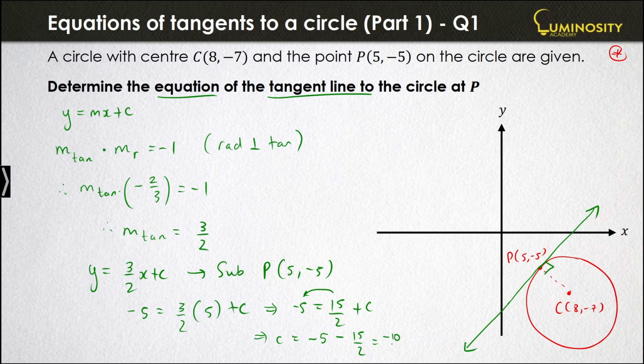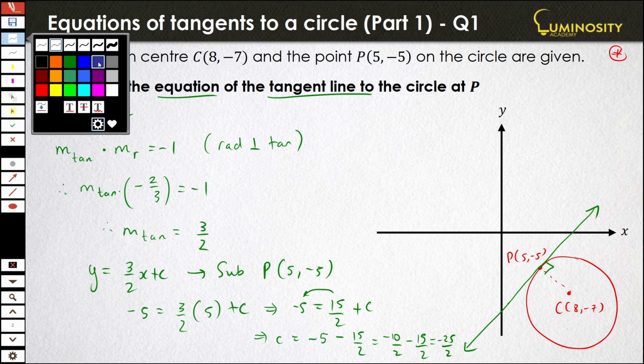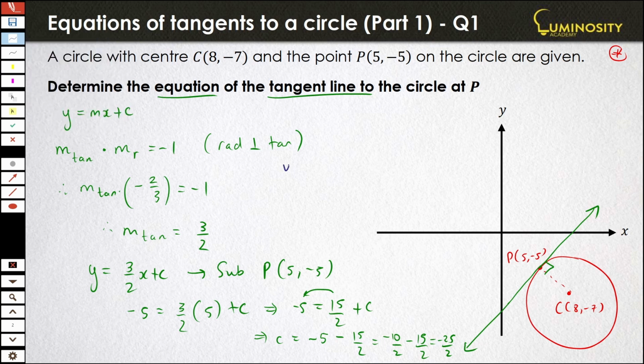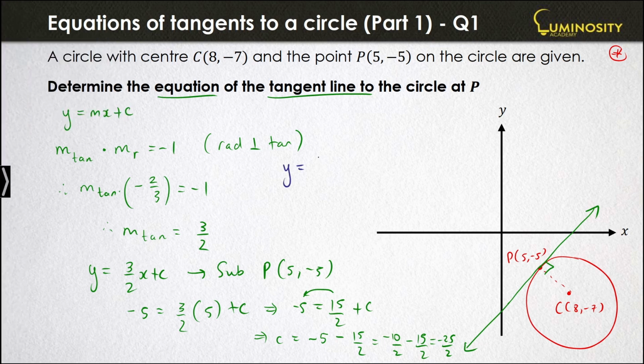I can write -5 as -10/2, so it has the same denominator, minus 15/2, so I get -25/2. Therefore, the equation of this tangent line is y = 3/2 x - 25/2. That is the equation of the tangent line at that point P.